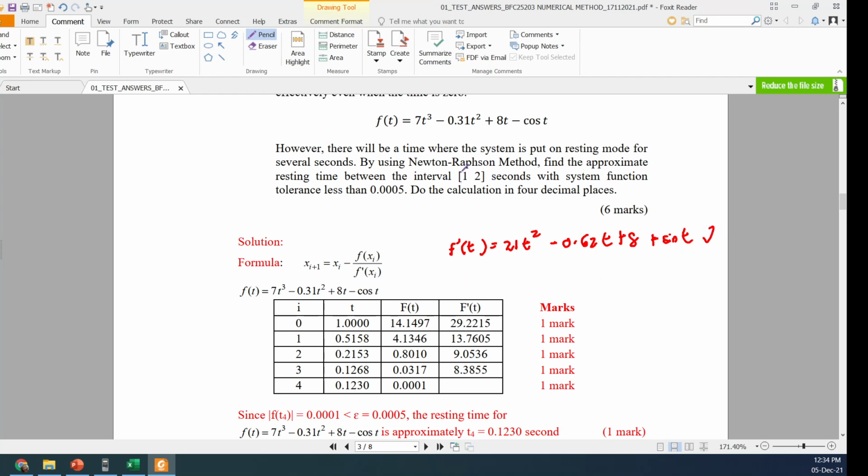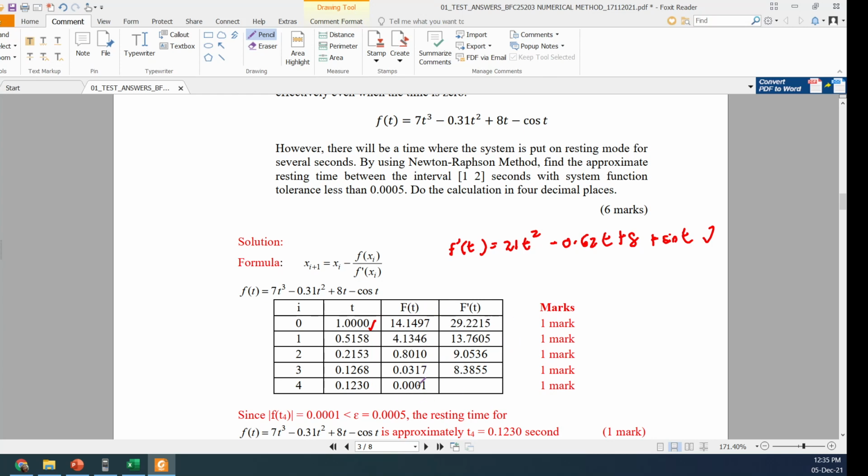Make sure you choose the interval they want, between 1 to 2. If you choose 0, I will deduct maybe half or 0 marks there, because they want you to use the initial condition from 1 to 2. So you may choose 1 or 2 or 1.5, something like that. So this is f(t), this is f prime(t).